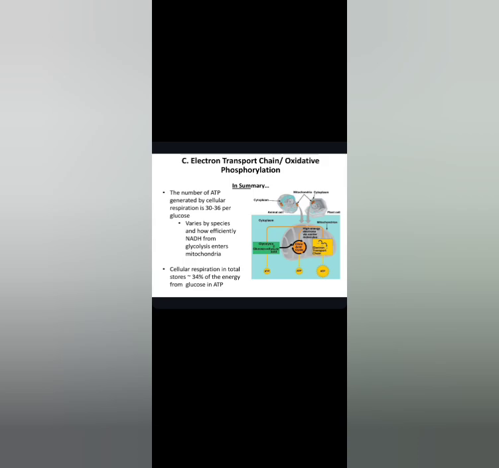The rest is usually lost as heat, as a byproduct. Also, what I show you so far is this idealized case study where every single molecule goes into the next step. In reality, in many cases, intermediaries will be used by other chemical reactions. Okay, we'll finish this chapter next week, and then we'll do photosynthesis.